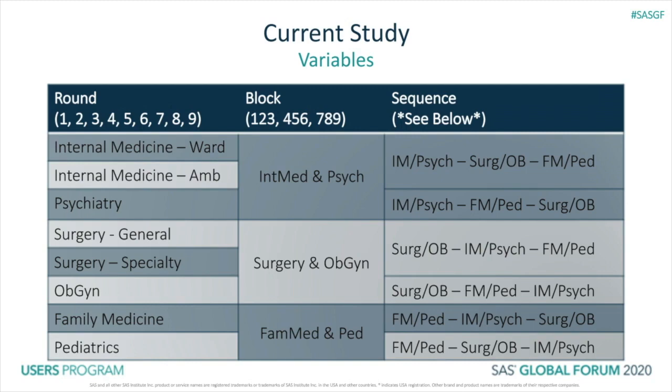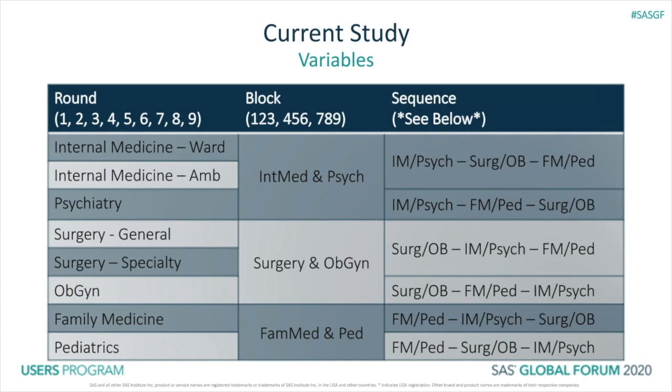What this means is that internal medicine and psych will always be around each other, so you'll only see a combination of those 3 being switched within each other. So you might have ward, ambulatory, psychiatry, or psychiatry, ward, ambulatory, any of those combinations. But you'll never see surgery, OB-GYN, family medicine, or pediatrics in between those, because you do them in the same block.